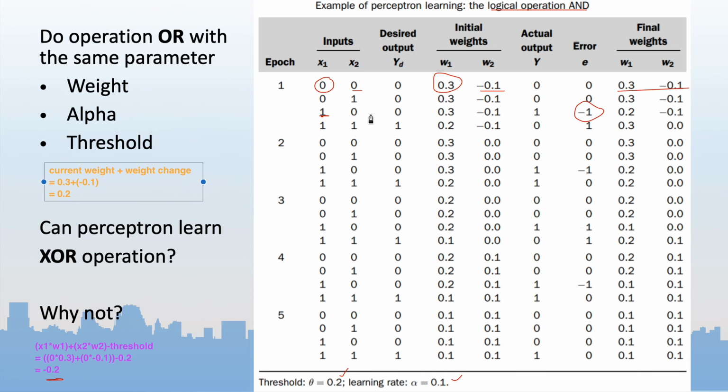If we multiply by 0, everything will become 0, so you don't have to calculate, and it will automatically remain the same as before. Okay, so this is how we calculate the output for the neural network.